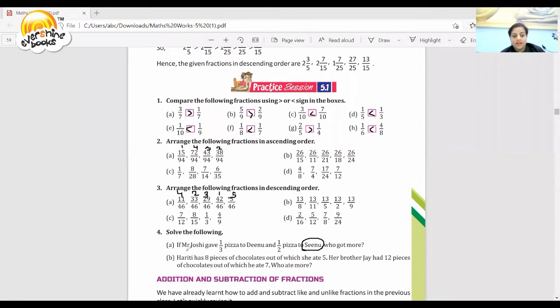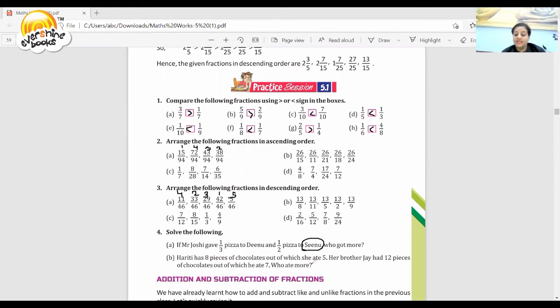After that, next point: Hariti has 8 pieces of chocolates, out of which she ate 5. Her brother Jay had 12 pieces of chocolate out of which he ate 7. Who ate more?